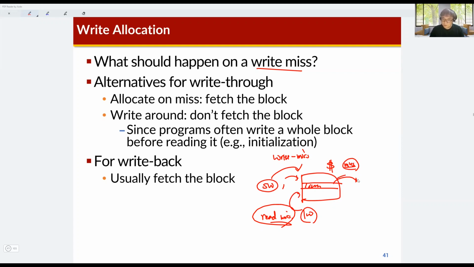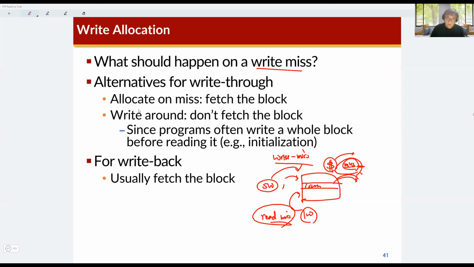Then the cache requests the data for this target cache block from the low-level cache. This is read miss handling by the cache. Allocate on miss is the same: if a write miss happens, the target data is not found in the cache, then the cache requests the data for the corresponding cache block from the low-level cache.